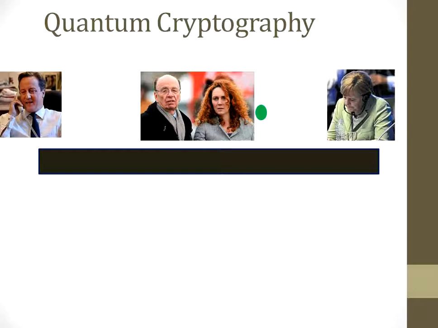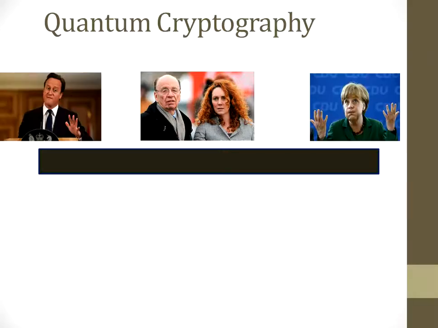Once you observe the information, it changes the state of the information, same as I said before. So once you send that particle to Angela Merkel, she will be able to detect the change in that quantum information, and that makes them angry. So that's a bad thing about cryptography, but we can change it now, so that's cool.